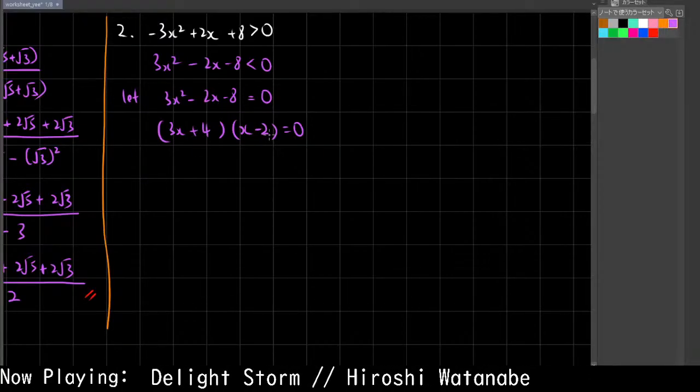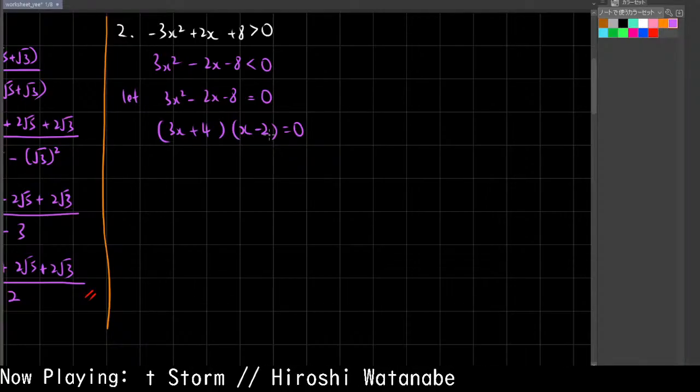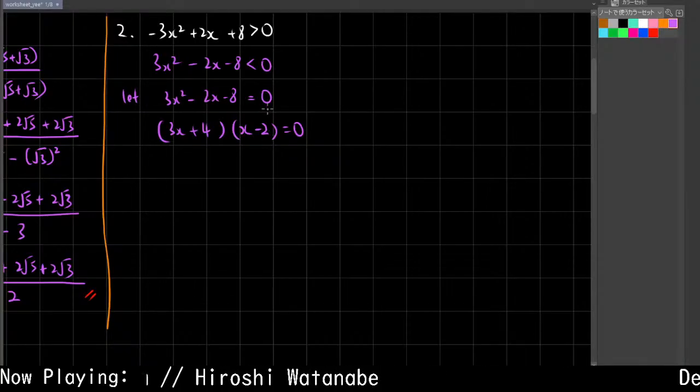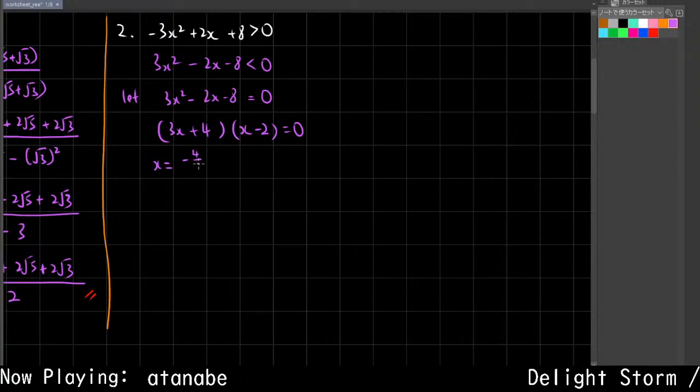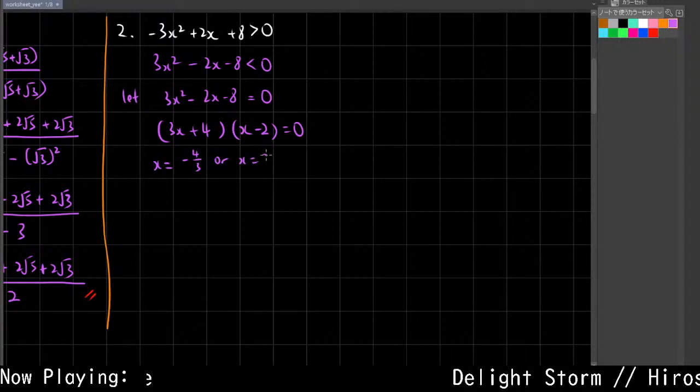Yep. Minus 6 plus 4 is minus 2. Yeah, so you get this one. So your x should be equal to negative 4 over 3 or x equals 2.